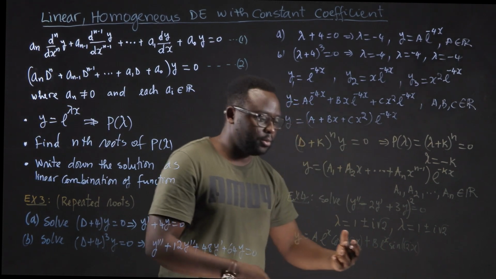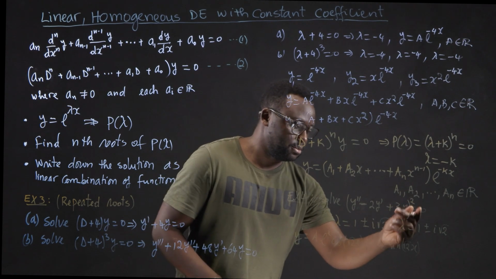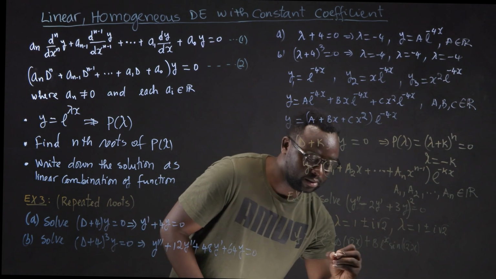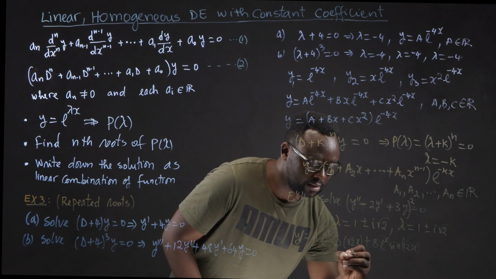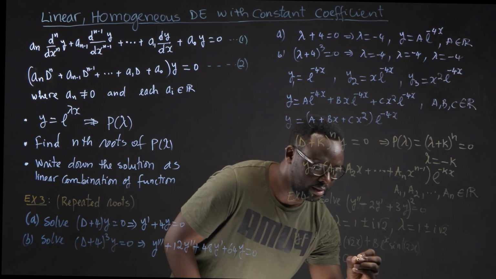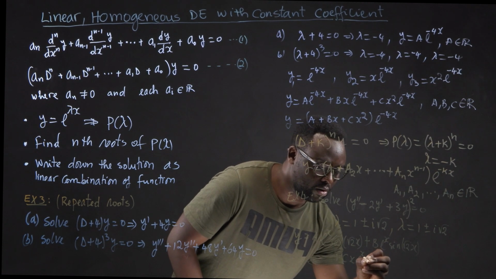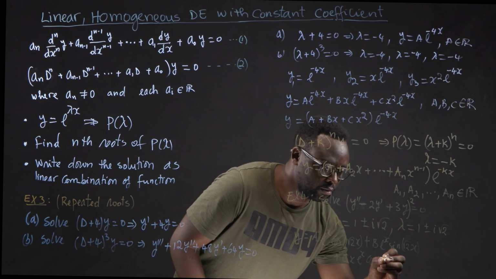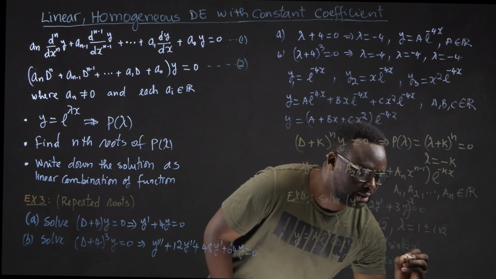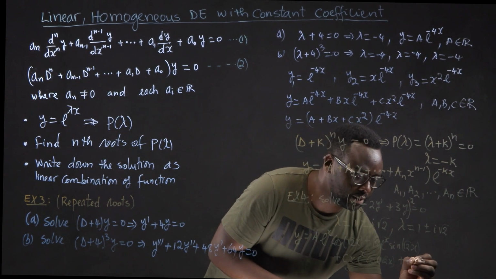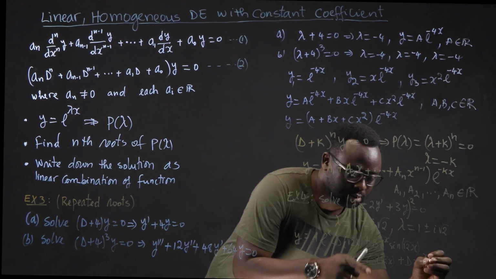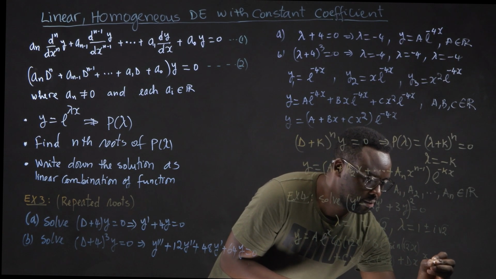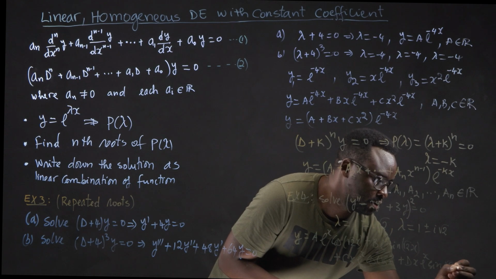But now that we have repeated, okay, so we have to add plus cx times e to the power x cos square root of 2x plus d times x e to the power x sine square root of 2x.